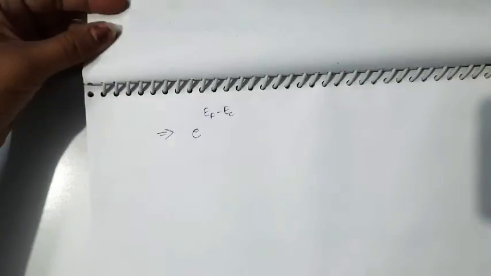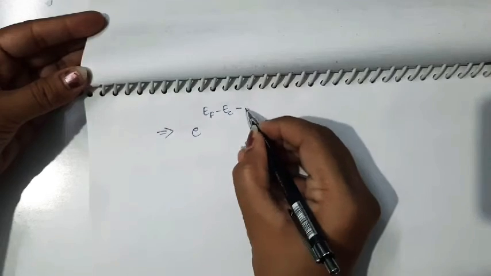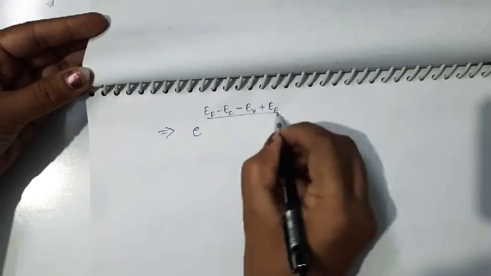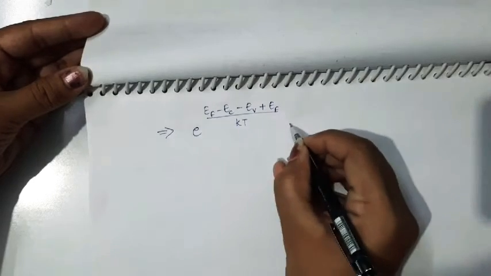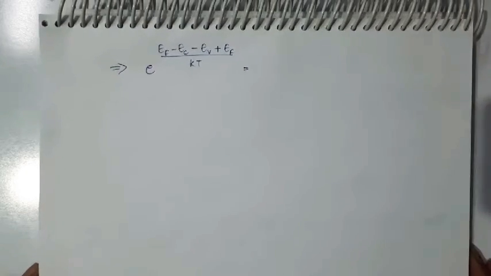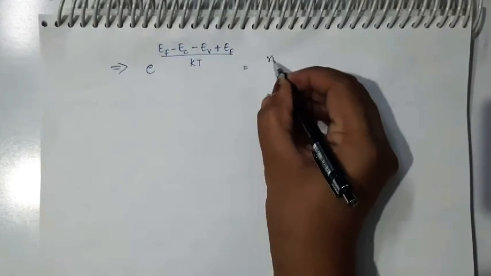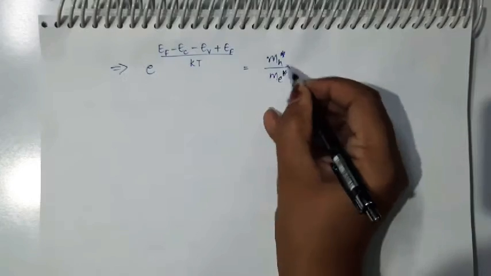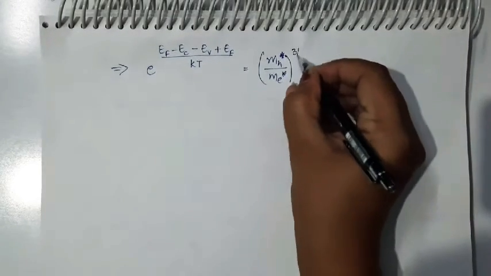So here we will have minus EV plus EF upon KT, and this is equal to MH star upon ME star raised to power 3 by 2.